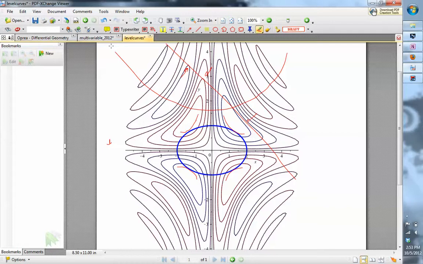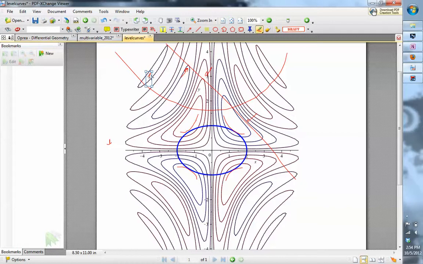I bet there's even one right in here. I bet there's one right in here, though, that'll get it for you. Anyway, that's the point. So we'll just stick with the big picture and not get mired down in the details here. We're looking for places where the constraint curve is tangent to some level curve. That's the big geometric observation.